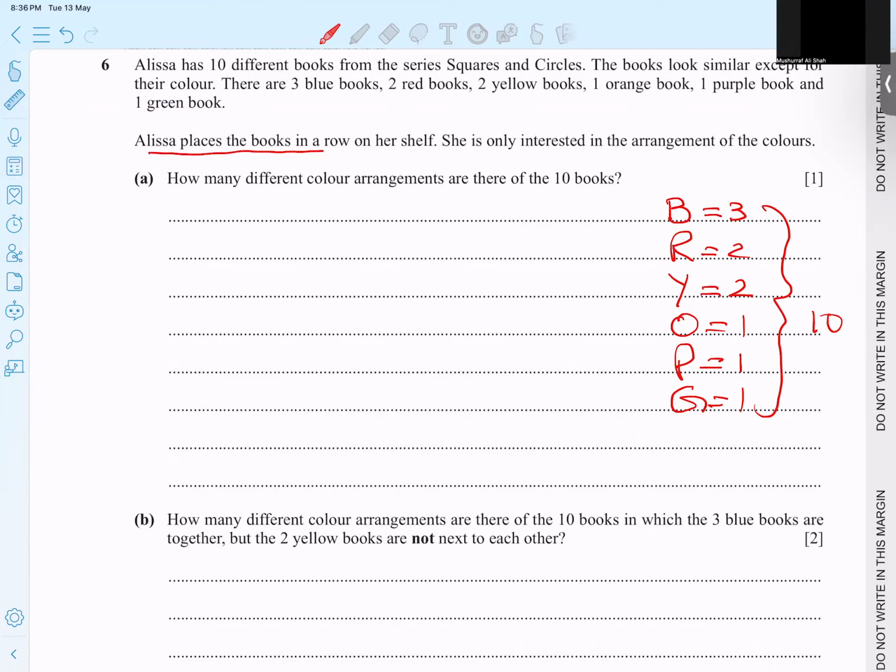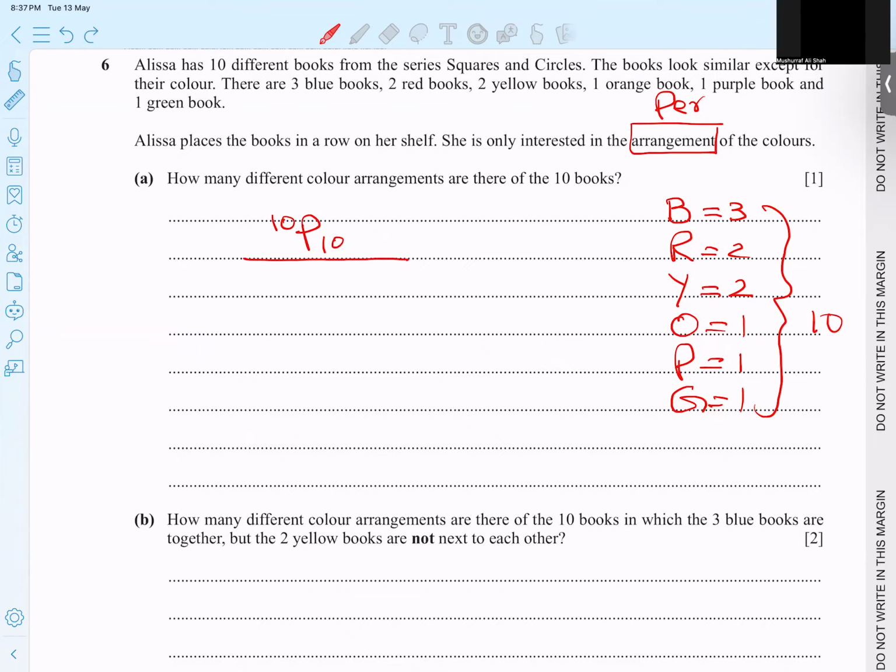A places the books in a row on her shelf, and she is only interested in arrangement. When the word arrangement comes, it is a permutation. It asks how many different color arrangements there are for the 10 books. We can do it. 10P10 is the first part, divided by the repeating ones, because they are not repeating, they are one item each, but these are repeating.